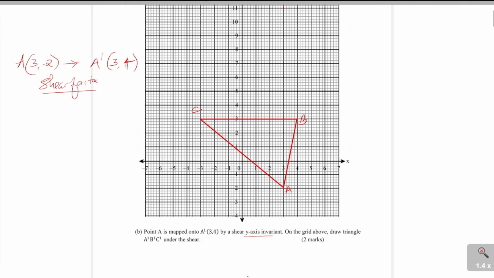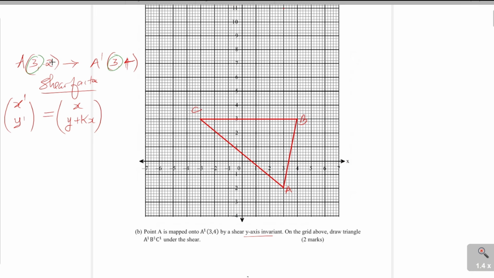If you're given a shear with y-axis invariant, this is how you get the other points: x1, y1 is given by x, then y plus kx. Now you notice that in this transformation, the x-coordinate remains the same. There's no change in the x-coordinate.